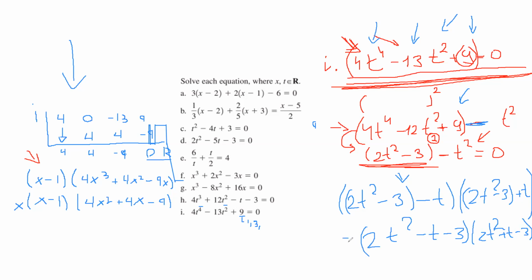Now we treat it as two quadratic functions, and you can solve these as you wish, with Vieta or sum and product, because if the product is equal to 0, one of the factors must be 0.